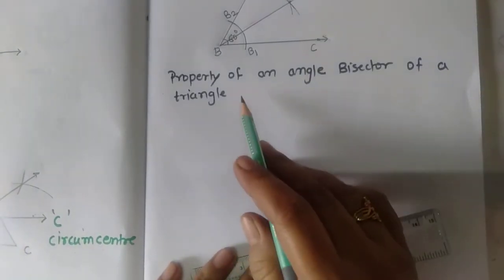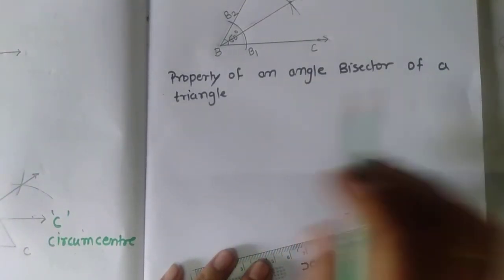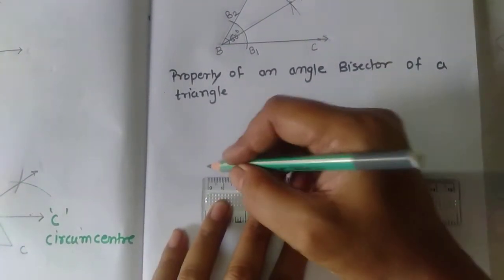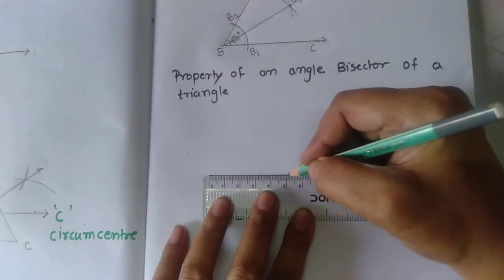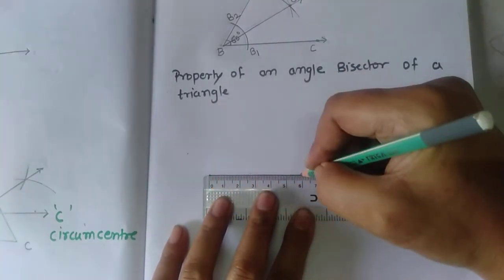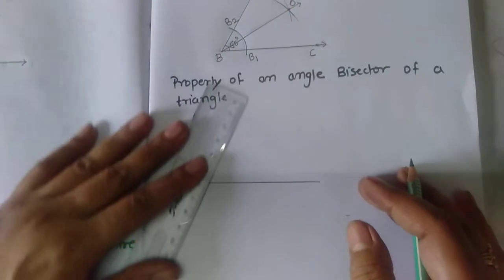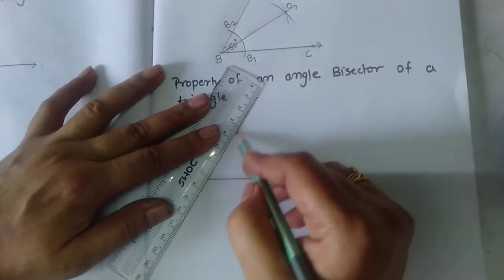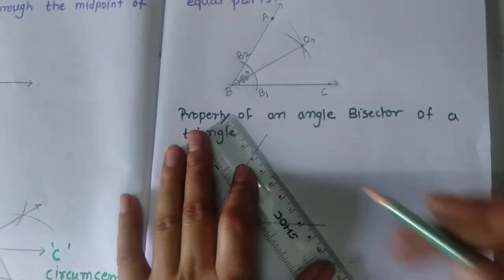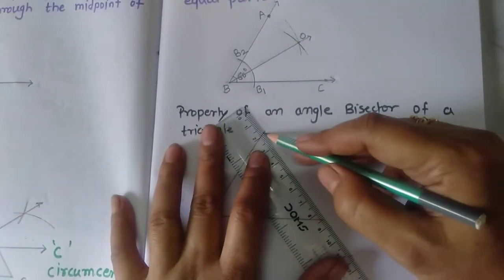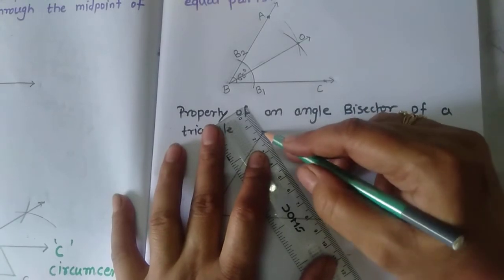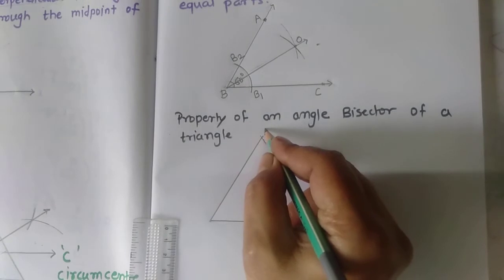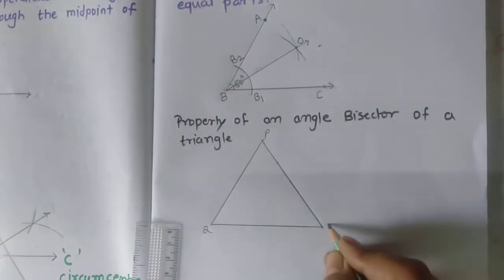Now see the property of the angle bisector of a triangle. So firstly draw the triangle. Give any labels here, PQR.